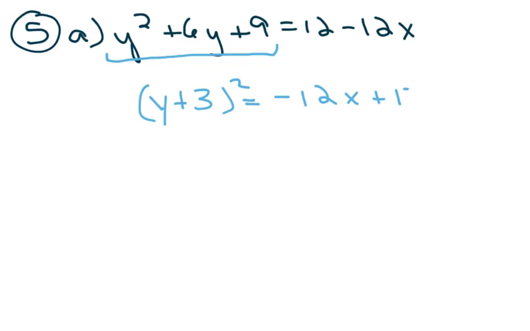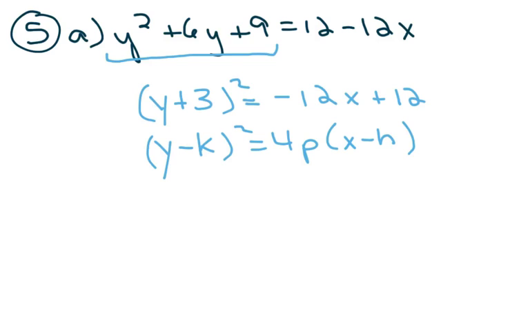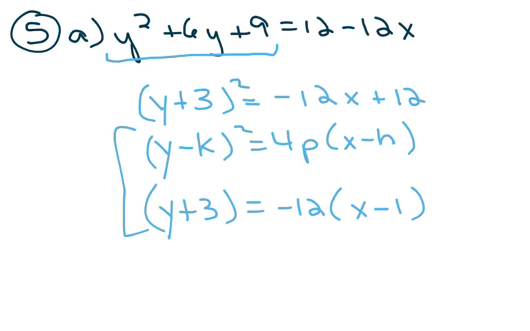And instead of 12 minus 12x, I'm going to write it as negative 12x plus 12. I want to write this so it's in this format. In order to do that, I'm going to factor negative 12 out of the right-hand side.